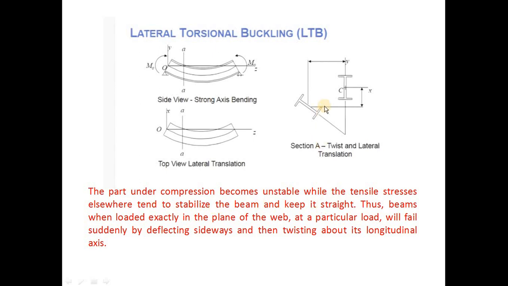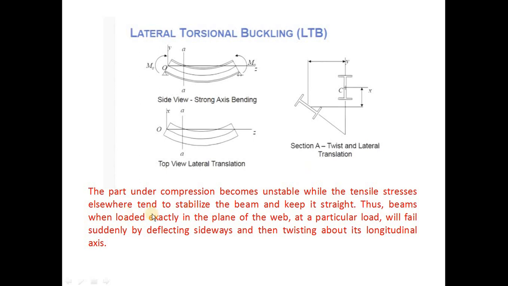Now what happens? Because of the instability of the compression flange, the flange will try to move away, but because of the stability in the tension zone, it will try to stabilize the beam and keep it straight. So because of this stabilizing and destabilizing effect of the compression and tension flange, it will have some side sway.